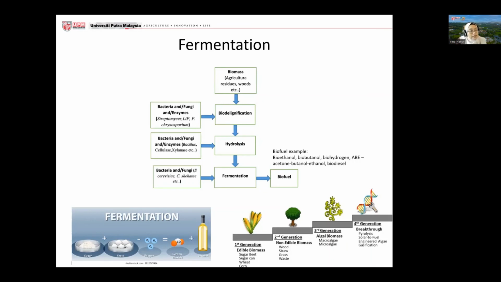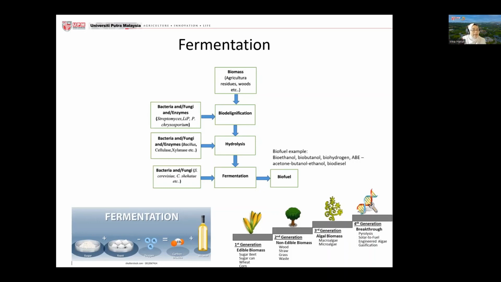So sugar here, don't think about it in the form of your table sugar. But I'm sure you've heard about sucrose, glucose, fructose; all those are types of sugar. It depends on whatever biomass you are using, the composition will depend on that. But I would say the best portion to be used for fermentation is the sugar form.